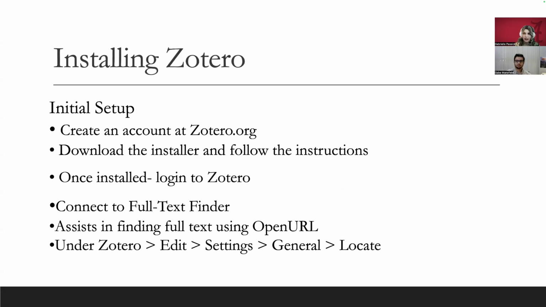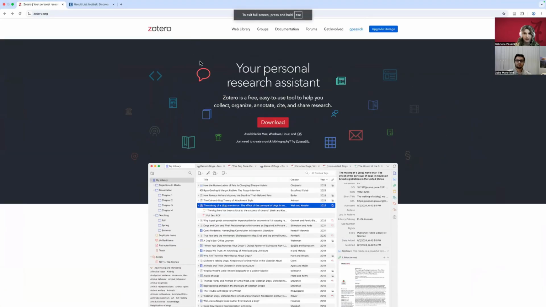So with installing Zotero, I am going to X out of the slides to show you what it looks like on the website and also show you a preview of the web version versus the actual desktop application. When you are on Zotero for the first time, you are going to see the page with a download button.